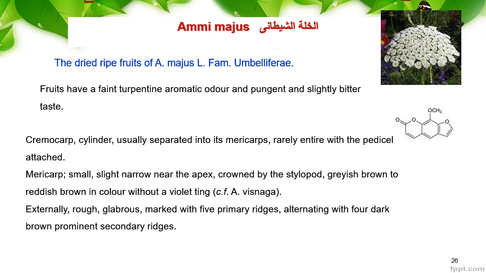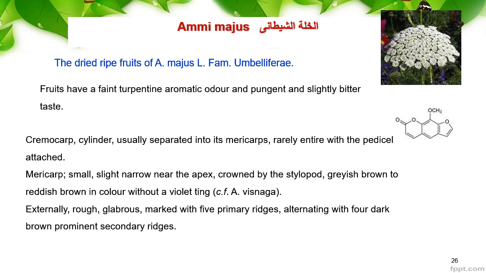Usually, the cremocarp is cylindrical in shape, separated into its mericarps, rarely entire; if entire, showing the pedicel attached. The mericarp is small in size, slightly narrow near the apex, crowned by stylopod or remains of sepals.